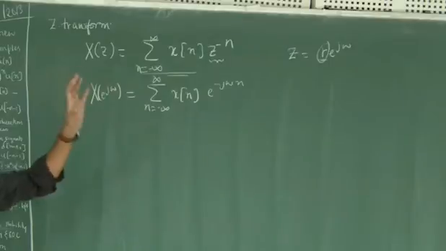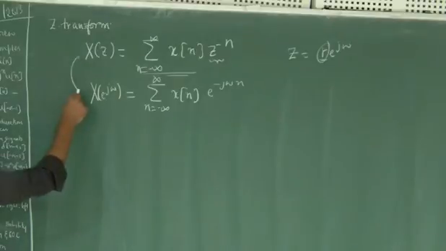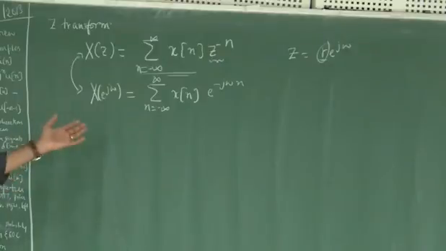For all the values of z in the z plane where that summation exists and is finite, that is what we defined to be the region of convergence, if you recall from our discussion on Monday. So are you clear about this distinction between the Z transform and the DTFT? Why we want to go with the Z transform?